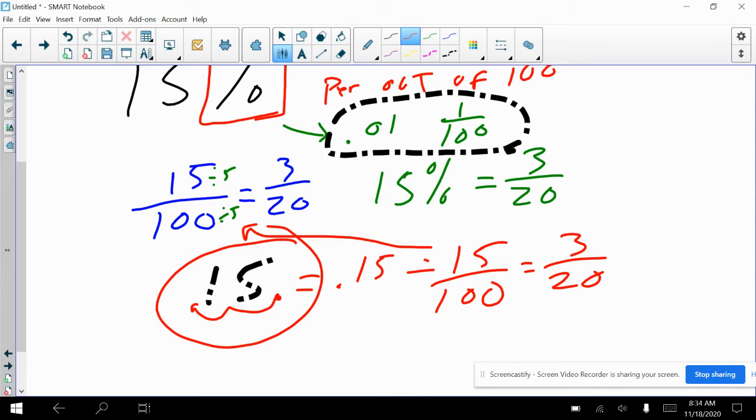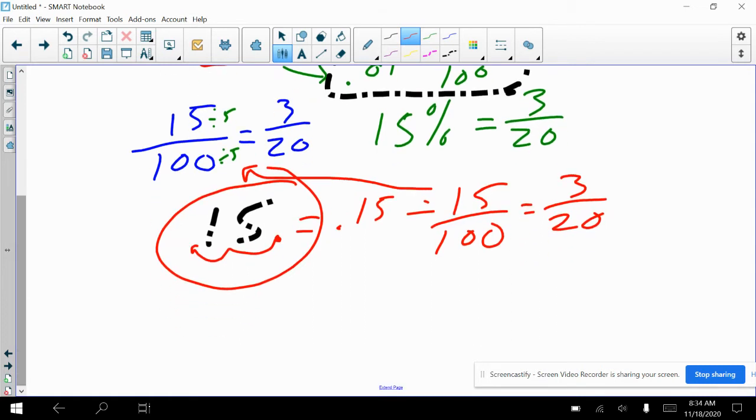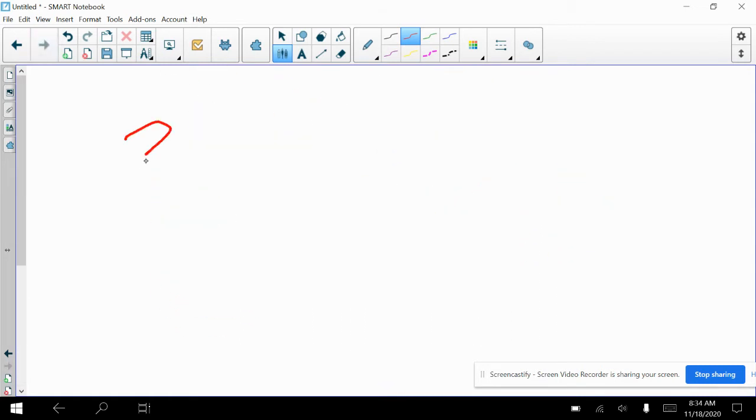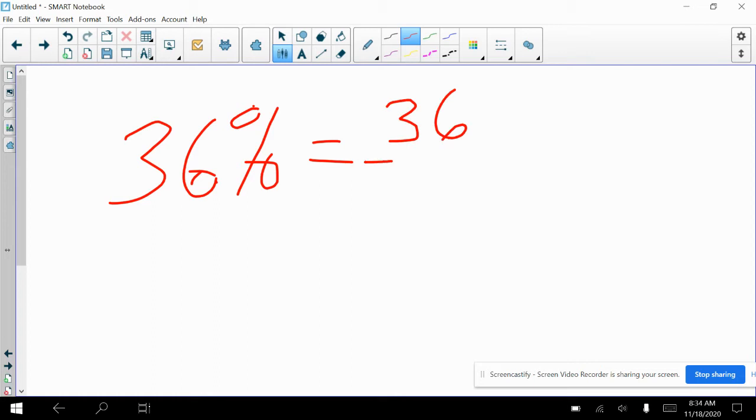All right, moving right along. What if we have 36%? Now the easiest thing to do at the moment, in my opinion, is put it out of 100.